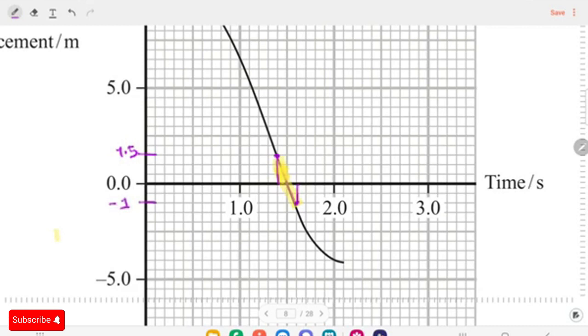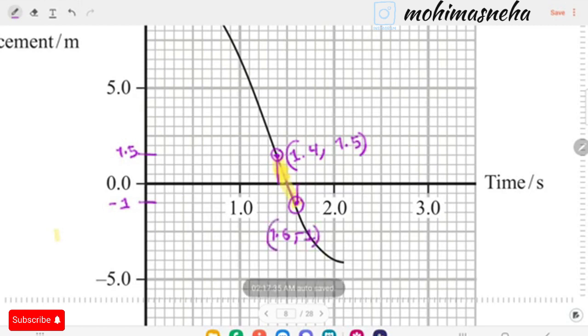So to find out the gradient at this point, the coordinates for this are 1.4, 1.5, and the coordinates for this are 1.6, -1. So 1.4, 1.5, 1.6, -1.